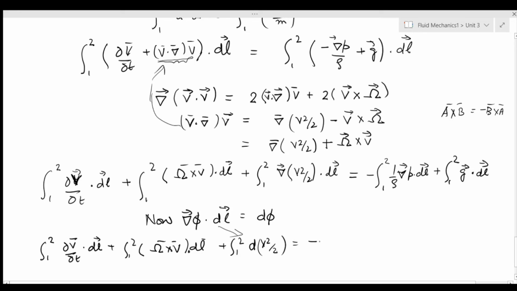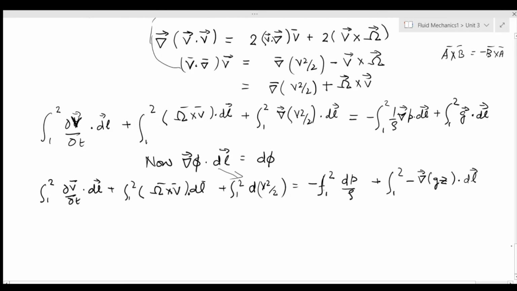This will be equal to minus integral 1 to 2 of dp by rho plus integral 1 to 2 of minus del of gz, because my acceleration is along the z direction, dot dl.